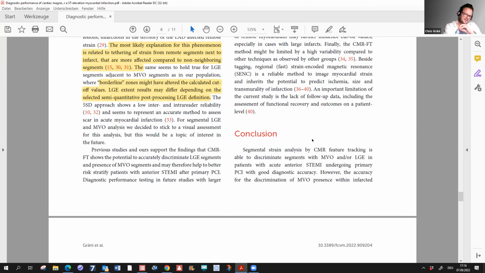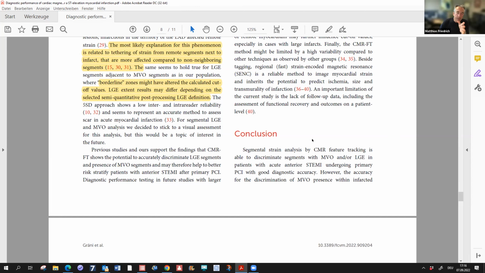If it's MVO, it can sometimes appear very similar to thrombus, especially when it's adherent to the wall. So I think it's sometimes not super conclusive. MVO in cine images is a good question. I haven't looked into whether this could also be possible, but definitely that's a good idea.